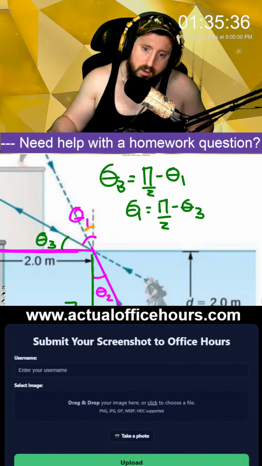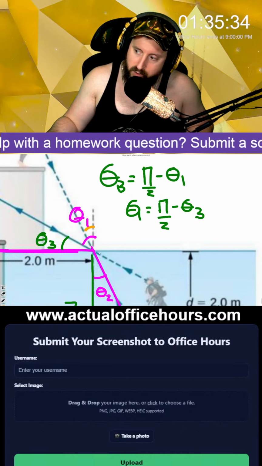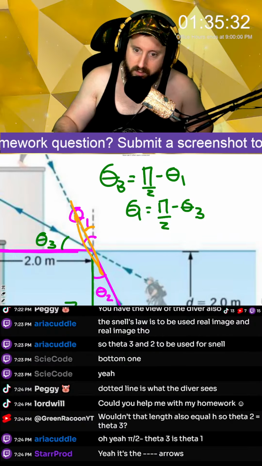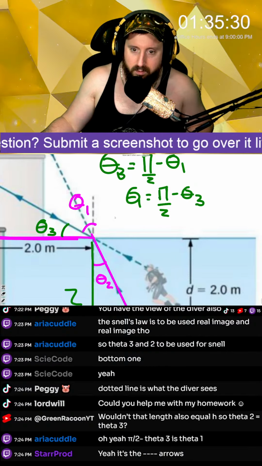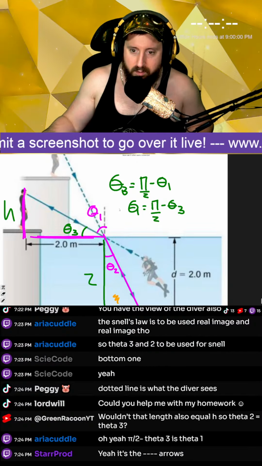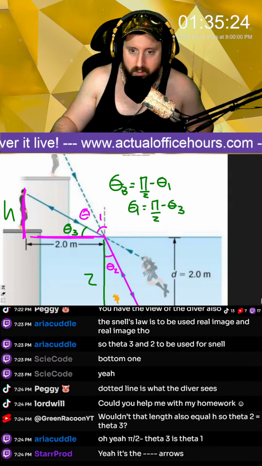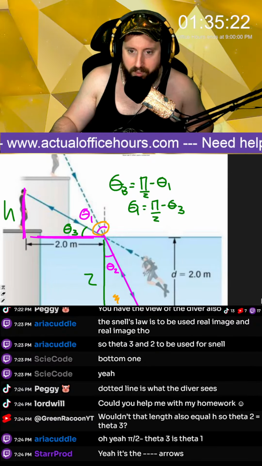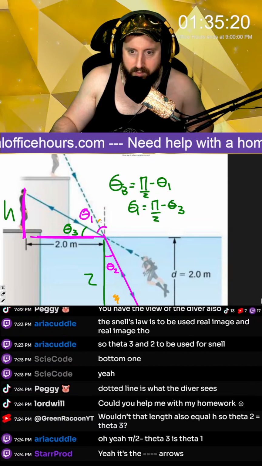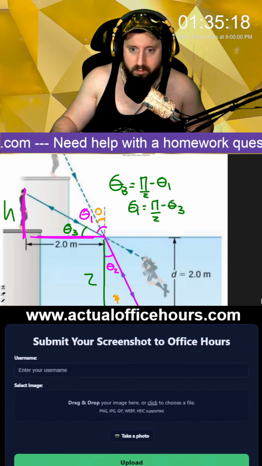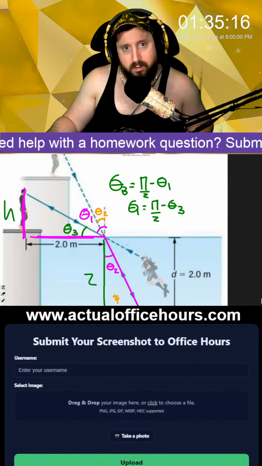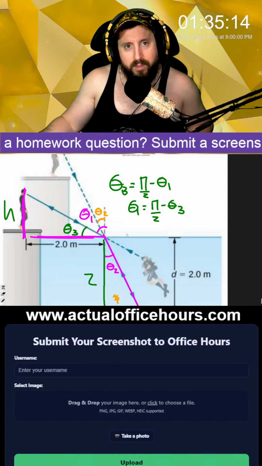Oh, wait. We're assuming that's straight, though, right? Do we assume this is straight? So wait, this equals theta 2. Sorry, so theta 1 is the whole thing. But we're saying that this is theta 2? I don't think it would be straight.